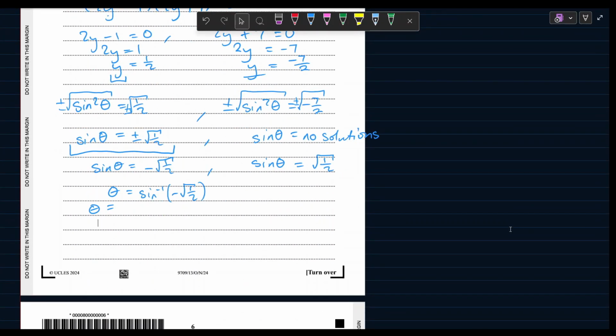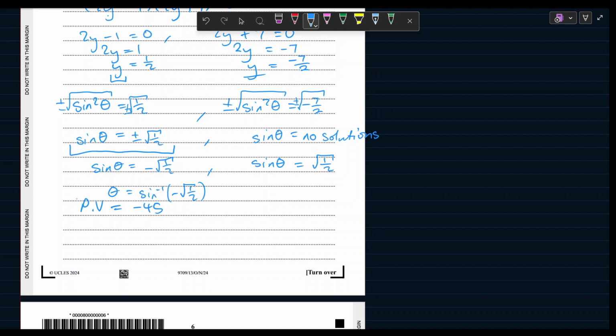So make sure your calculator is in degrees, and we want arcsine of negative root 1 over 2, and this gives us negative 45 degrees. So I'll just write this as our principal value, because it is our principal value. Principal value is equal to negative 45 degrees.